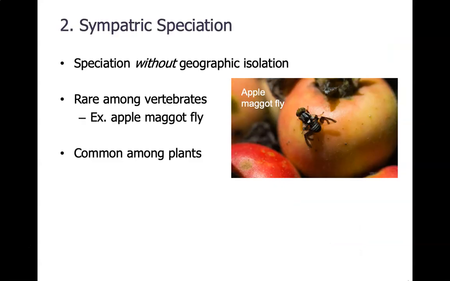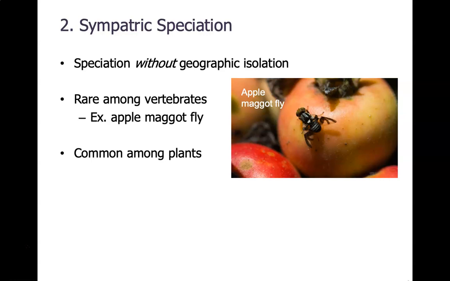The other type of reproductive isolation that can come about is called sympatric speciation. Sympatric speciation is speciation that occurs without geographic isolation. This means that two populations can actually encounter one another in a given area, which means there's the potential for them to interbreed because they are actually co-located physically.